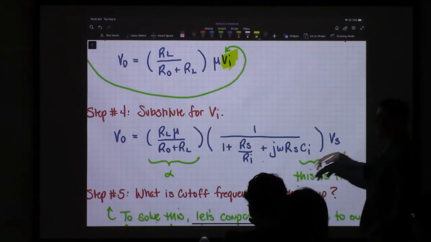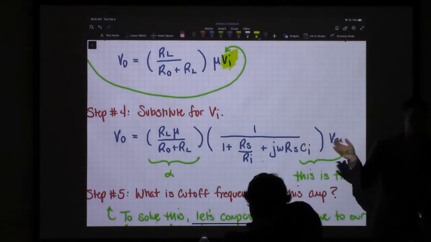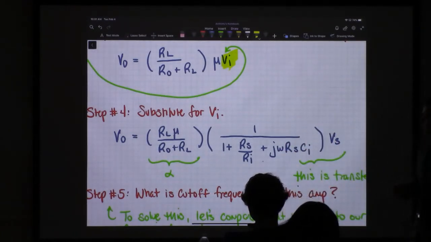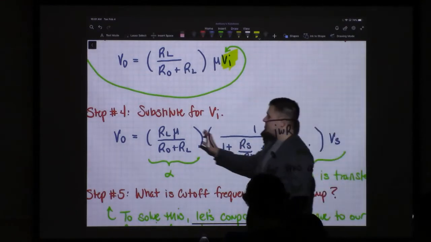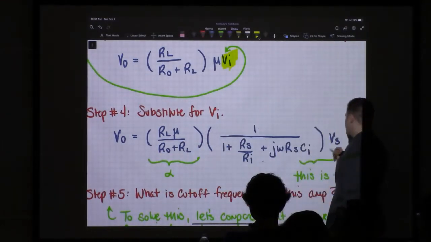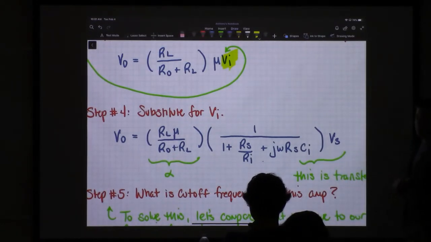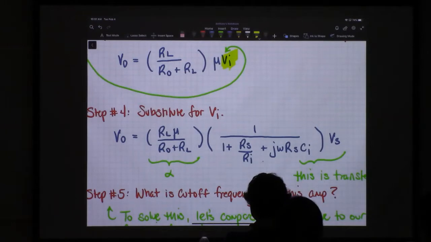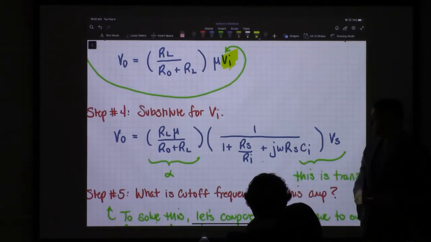The rest of it, I just grouped chunks. This is all stuff from the input stage, this is all stuff from the output stage, this is all stuff from the input stage, and then you have your VS left over. So this is the transfer function. This is one of the main deliverables for this example.